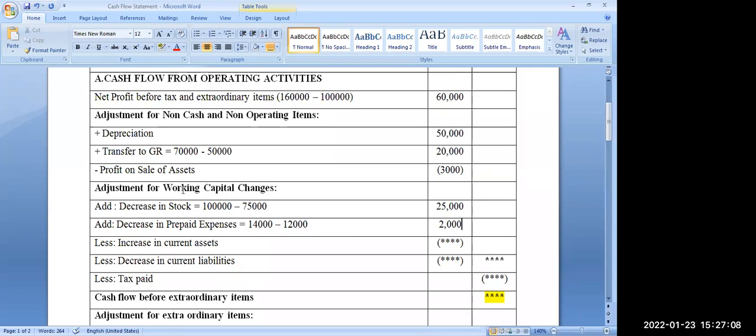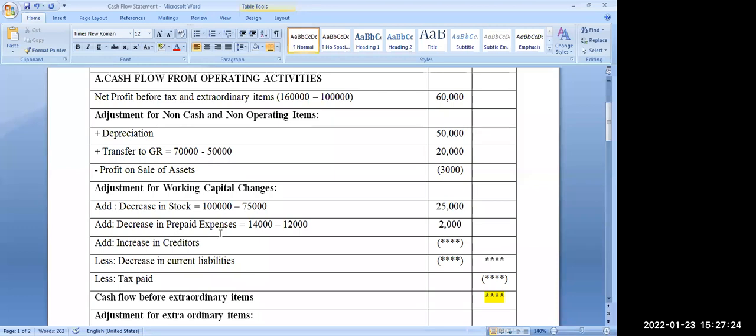So increase in creditors, what do you do? You have to minus or plus? You have to plus. Increase in creditors, you have to add it.